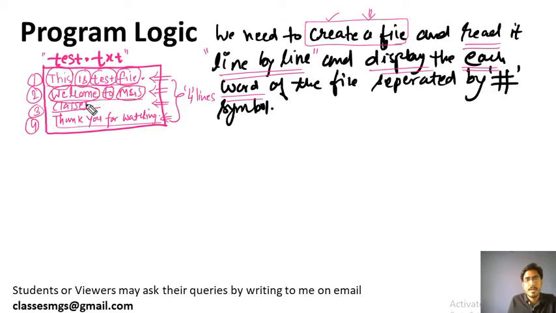You should know what the words are, otherwise you will not know what needs to be done. This is a word, each is a word, test is a word, file is a word. You know what a word is in English, it has some meaning. That's why these are words.